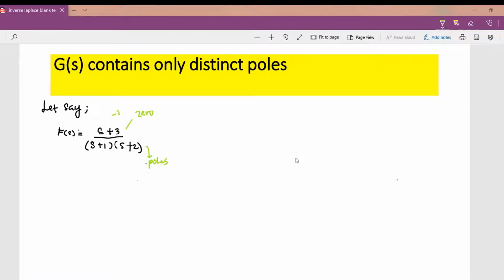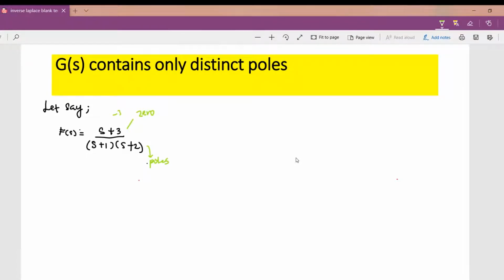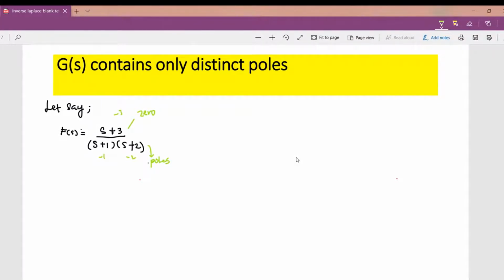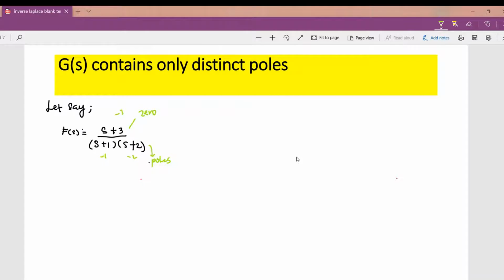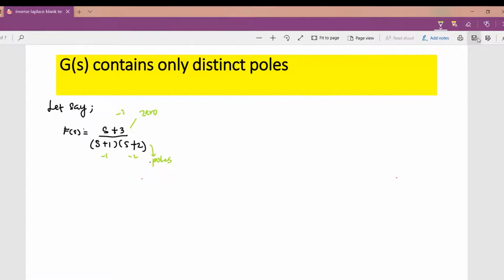So we need to look first at the denominator, where the first pole is equal to negative 1 and the second pole is equal to negative 2. These both poles are real numbers and they are different.